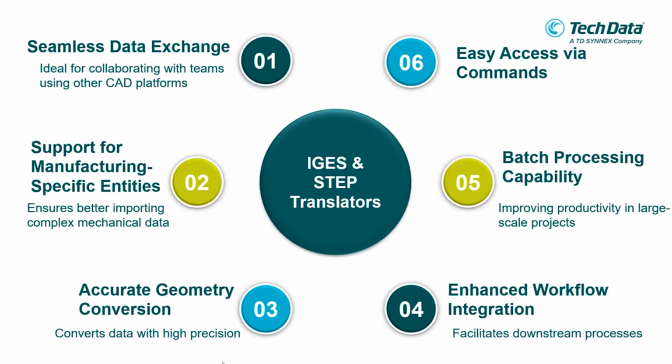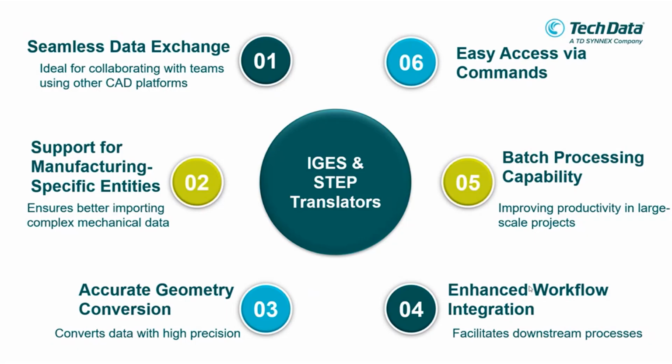Accurate geometry conversion converts 3D geometry, annotations, and metadata with higher precision, maintaining associativity and layer structure whenever applicable. Enhanced workflow integration allows integration with other tools that rely on those formats and facilitates downstream work like analysis and documentation and much more.